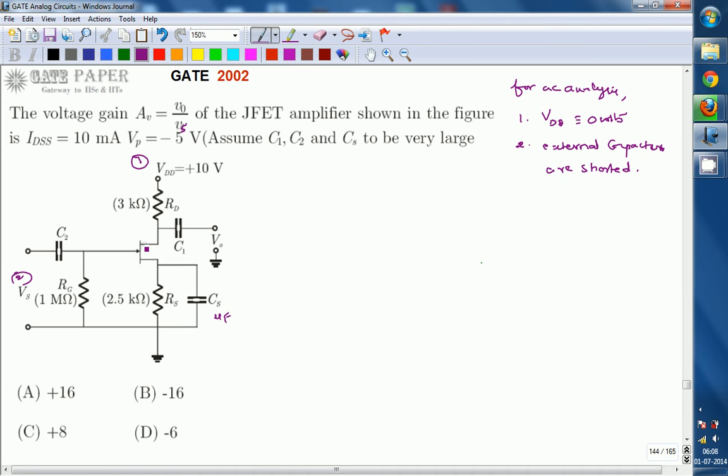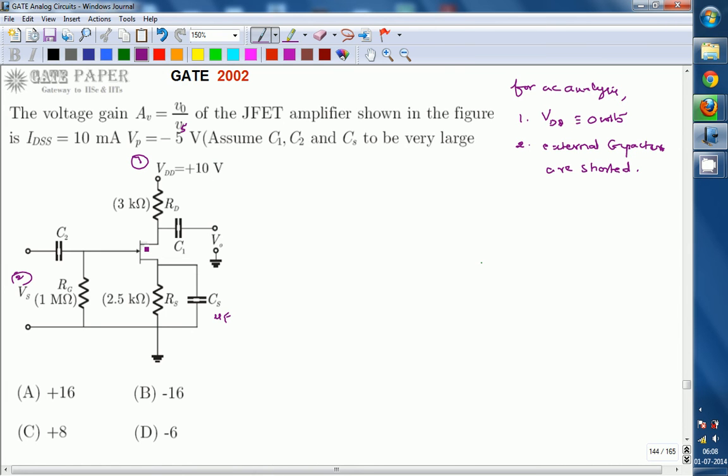According to superposition, the overall response is the sum of responses due to individual sources. When considering one source at a time, all other sources must be neglected: voltage sources are shorted, and current sources are open circuited.